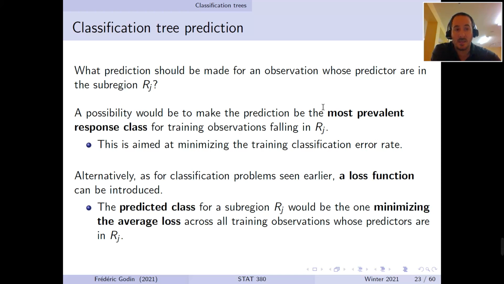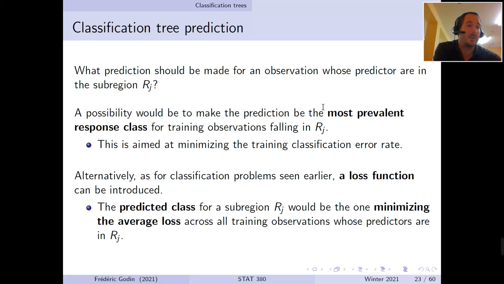This idea of taking the most prevalent class would entail minimizing the error rate in the training set. If we want to minimize the error rate, it makes sense to take the most prevalent class. Alternatively, if we want to consider asymmetry with respect to the various types of misclassification, another possibility would be to consider some loss function as we introduced in chapter 5.